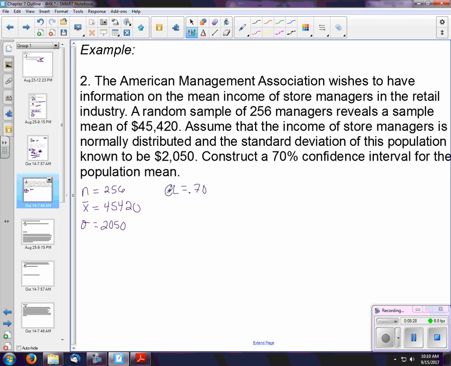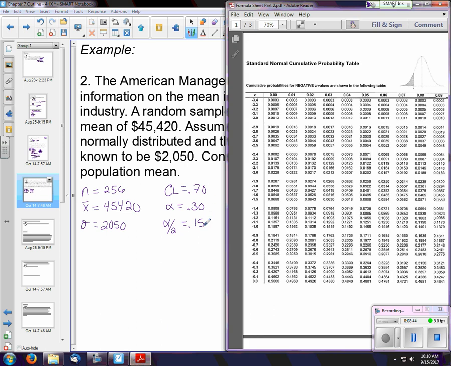So back to this question, if our confidence level is 70%, our alpha is 0.30, which means that alpha over 2 is 0.15. When we go into our z-score table, you're going to look for the closest thing to 0.15 that you can.